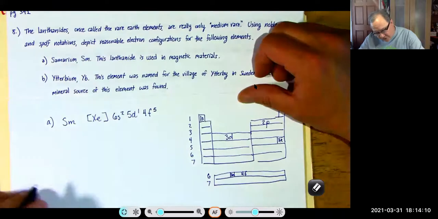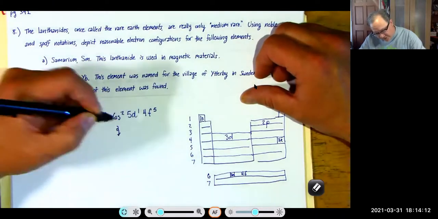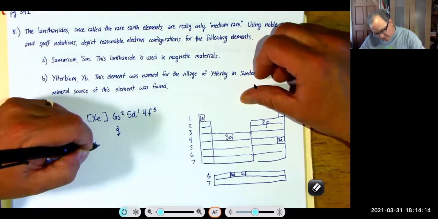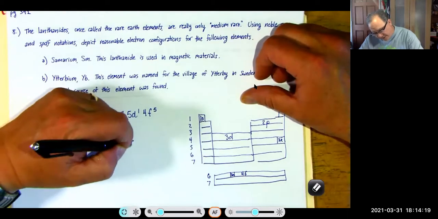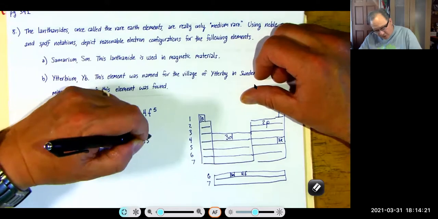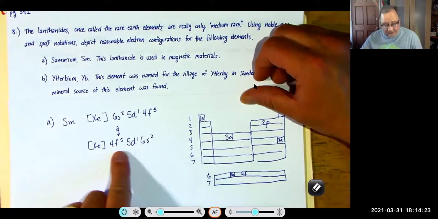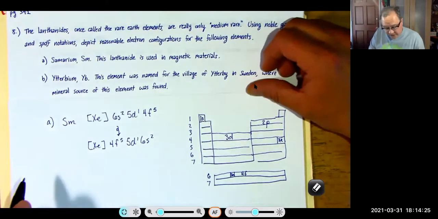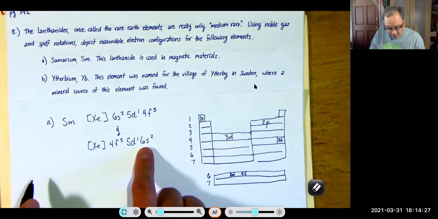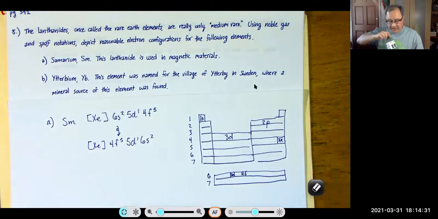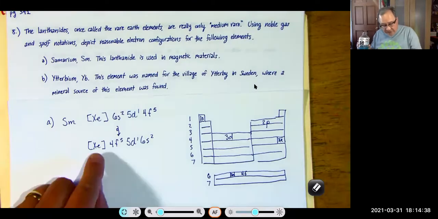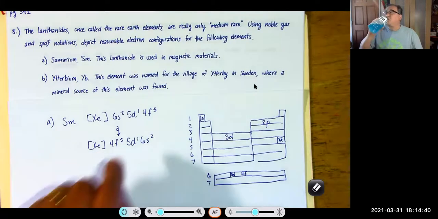What we're actually going to do is change this to xenon 4F5, 5D1, and 6S2, because you want to write them in increasing shell number. So 4s go first, then 5s, then 6s. And this would be the noble gas SPDF notation. Here's the noble gas part. Here's the SPDF notation.